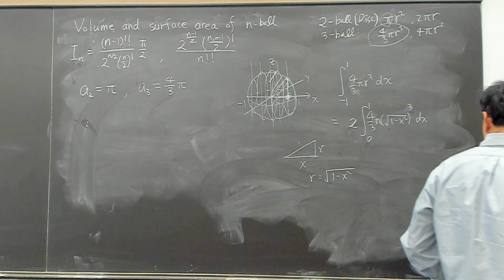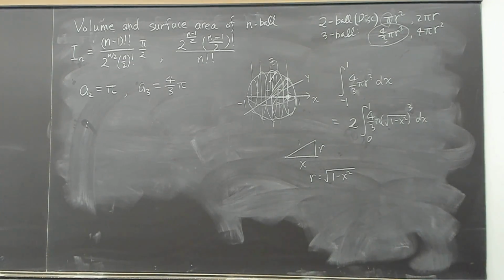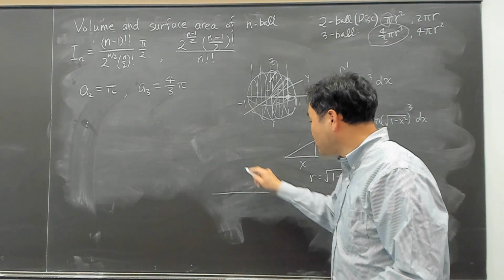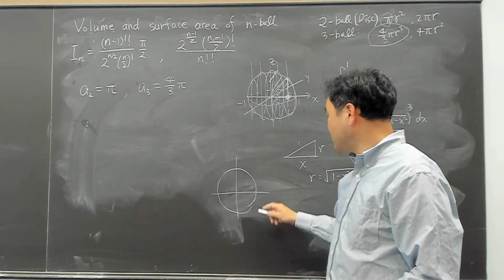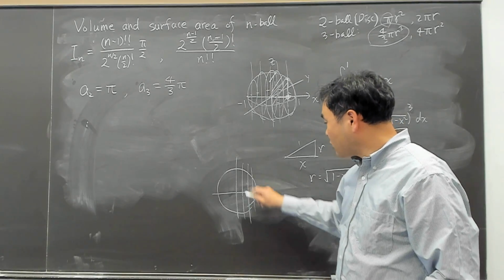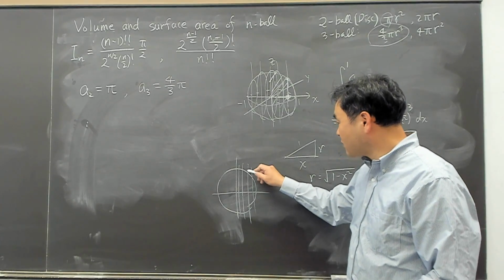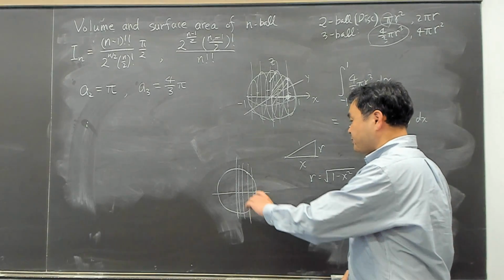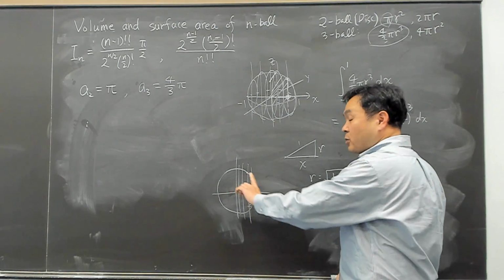And you might wonder then, what is A1? Well, in 2D, if you have a circle, and we do the same idea, if we take cross sections, the cross sections are now straight lines.